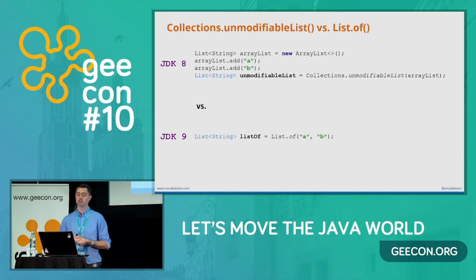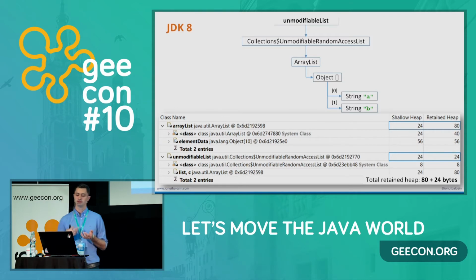In JDK 8, what was the alternative to create such an unmodifiable list? You allocate an array and use Collections.unmodifiableList, versus JDK 9, where the API was quite short, List.of. In terms of footprint, how many classes are created and what's the cost of them, this is the representation for JDK 9.